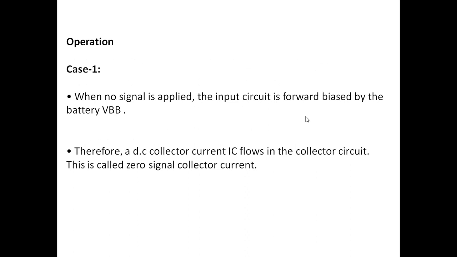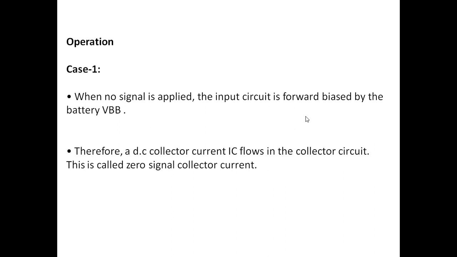So, in operation case 1, when no signal is applied, means Vs is equal to 0, the input circuit is forward biased by the battery VBB, as we know. Therefore, a DC collector current capital I capital C flows in the collector circuit. This is called zero signal collector current.